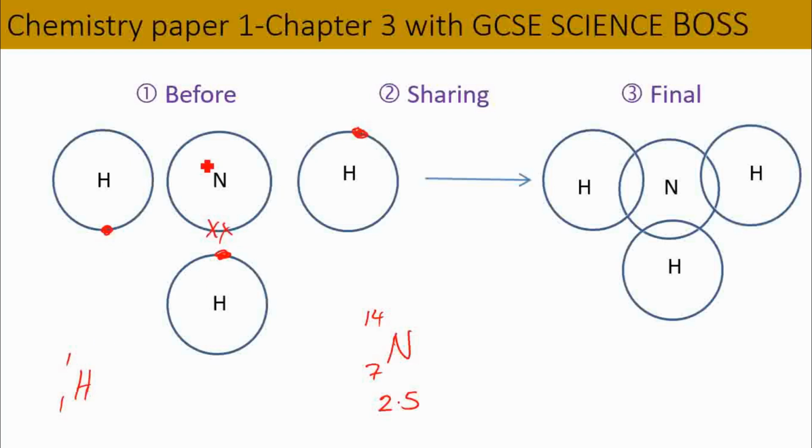Then your nitrogen, 2, 4, 5. Nitrogen needs 3 more. Hydrogen only needs 1, so that hydrogen is fine. That hydrogen is fine. That hydrogen is fine. So I've used 3, and therefore I should only have 2 crosses left back for my nitrogen.